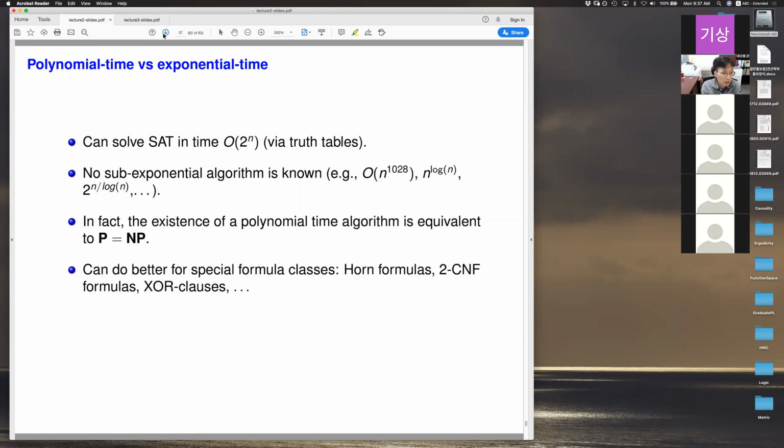On the other hand, there are existing SAT solvers which solve this SAT problem very fast in many instances that arise in practice. Some SAT solvers can deal with maybe hundreds of thousands of propositional variables.